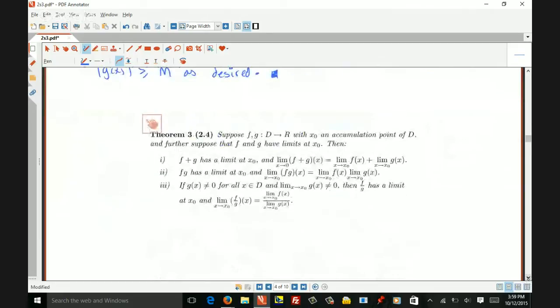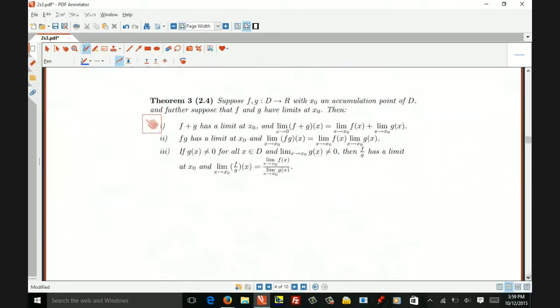So let's go look at our theorem. It says, suppose f and g take D to R with x naught an accumulation point of D. And further, suppose that f and g have limits at x naught. Then the limit of f plus g, notice this could be plus or minus, you just put the appropriate minus through there.